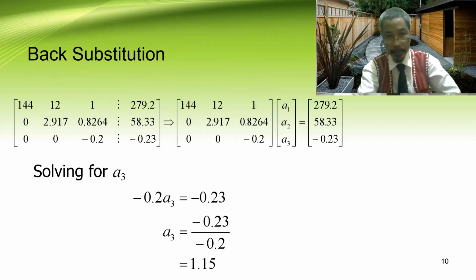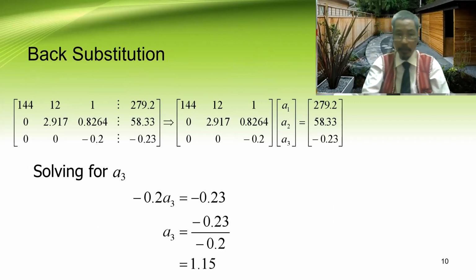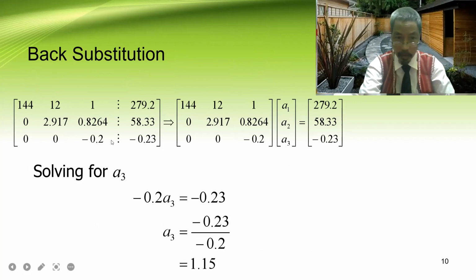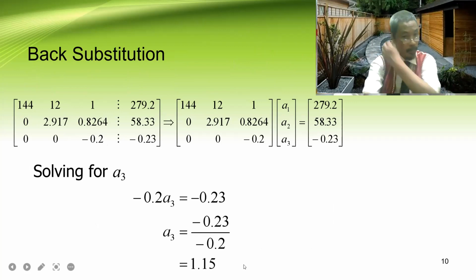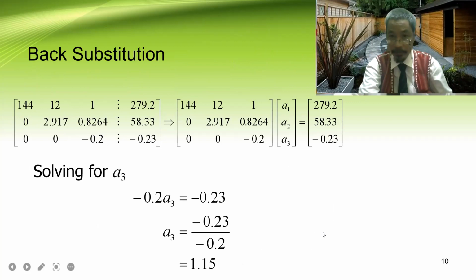After producing the upper triangular matrix, it's now time for back substitution, because we can easily find the value of A3 here. So A3 is just what? Negative 0.2 A3 is equal to negative 0.23. Divide both sides by negative 0.2, negative 0.23 divided by negative 0.2 is 1.15. That is the value of A3.